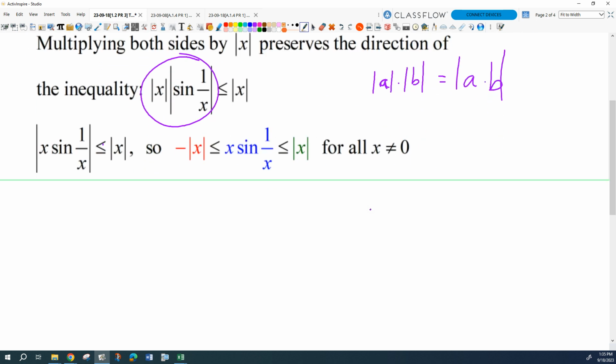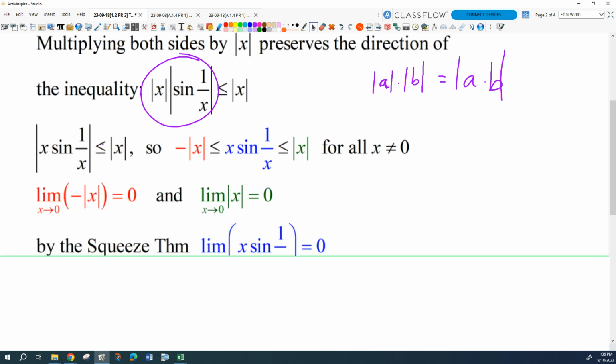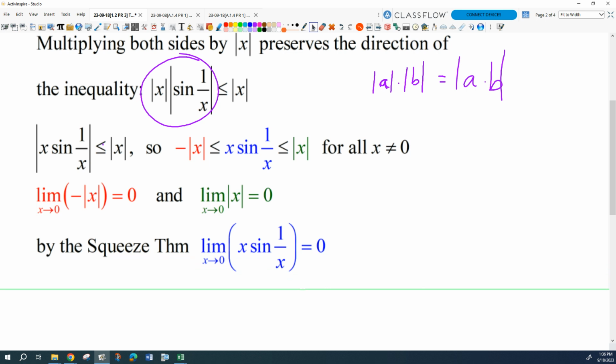Okay, then what's that tell us? By the squeeze theorem here, what is the limit of the red function, negative the absolute value of x, as x approaches 0?